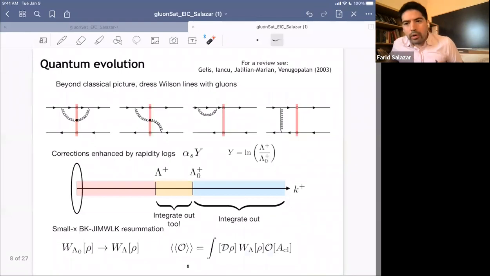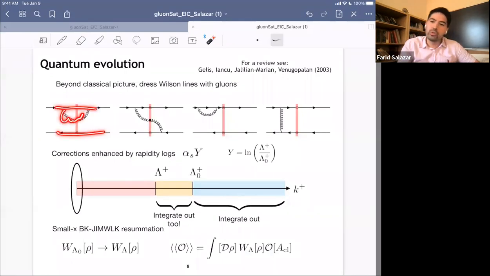So far I told you about the classical solution, which is the leading order. But where does the quantum evolution come from? Now you dress this dipole with gluons, you do your one-loop correction, two-loop corrections, and so forth. What you will find is that these corrections are going to come with alpha S, but a part of them is going to be logarithmically enhanced.